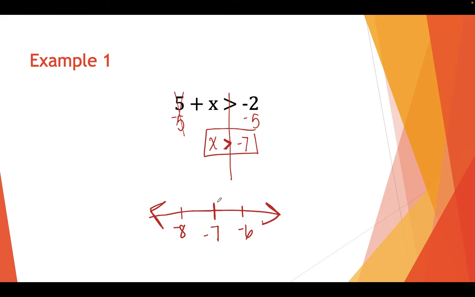Since this says x is greater than -7, that does not include -7 as a possible solution, and so we put an open circle on the -7 to show that it's not a solution, but that everything greater than -7 is a solution. So we draw or shade in our number line to the right.